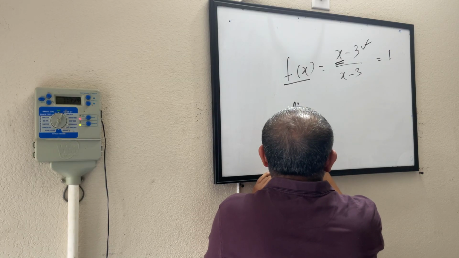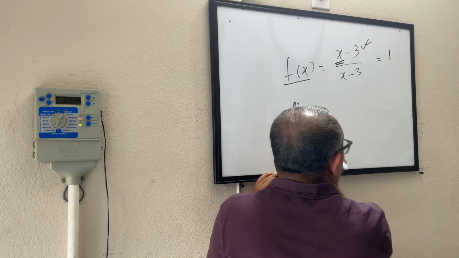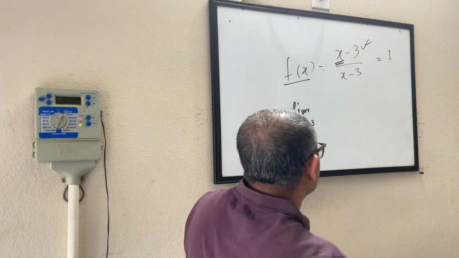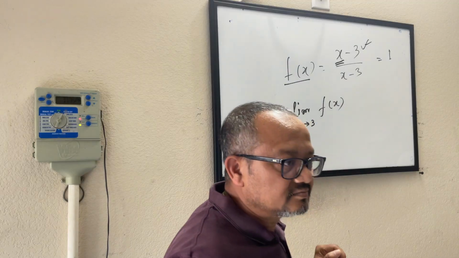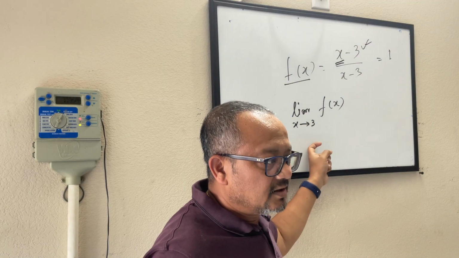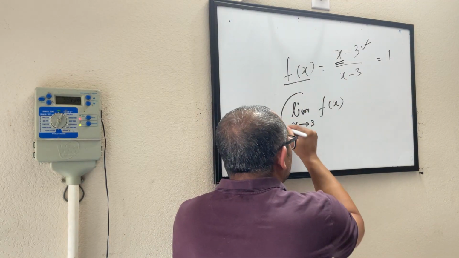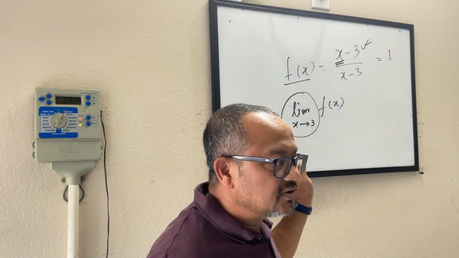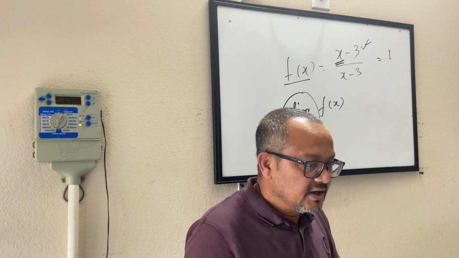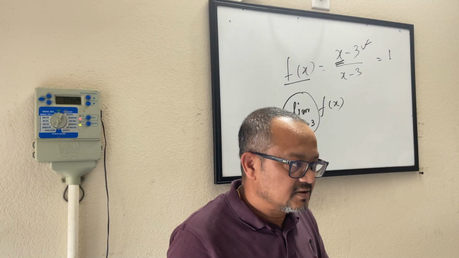You'll say, when x is approaching 3, you added this extra flavor to it. LIM is the short form for limit. This is how you define the limit of any function. Any questions so far?